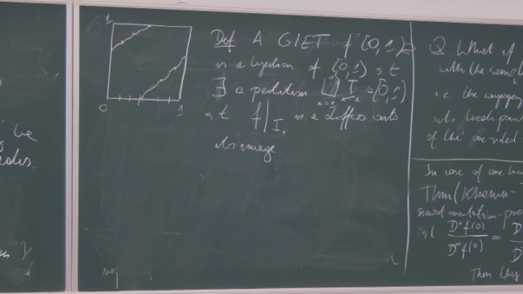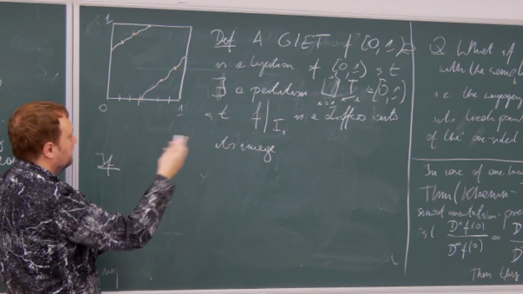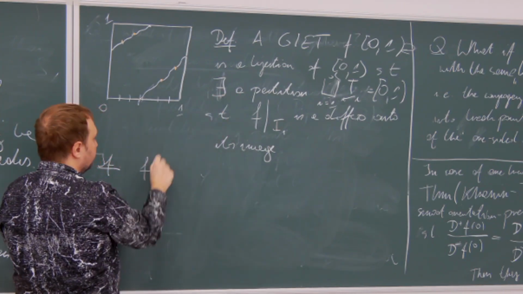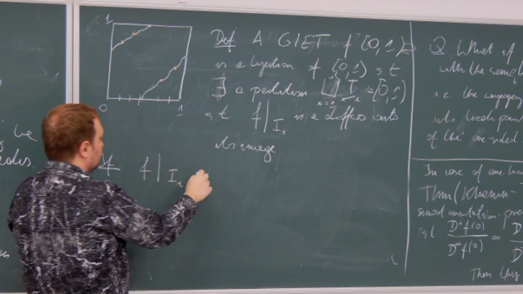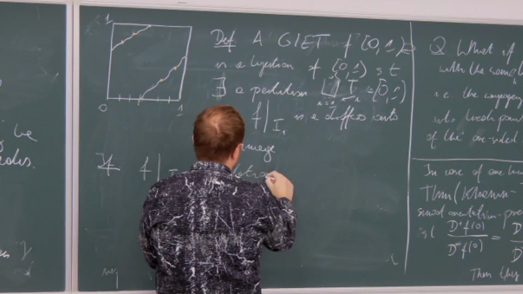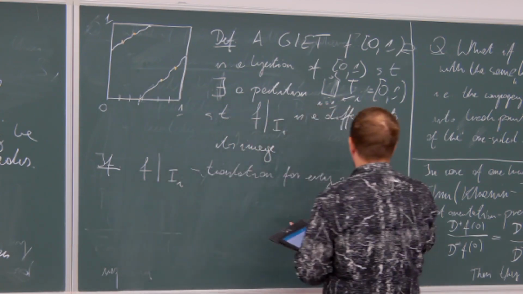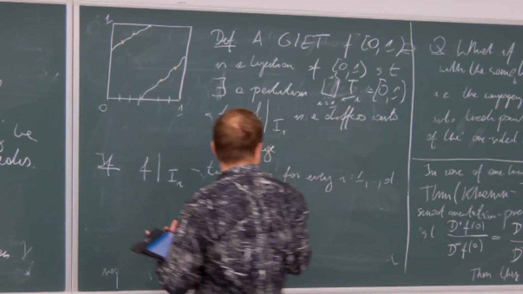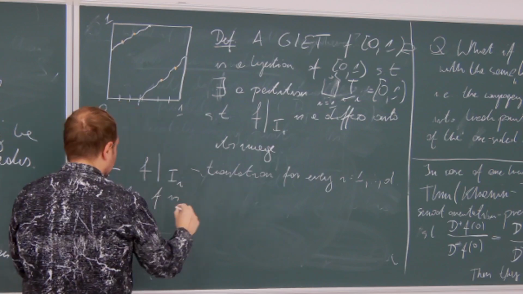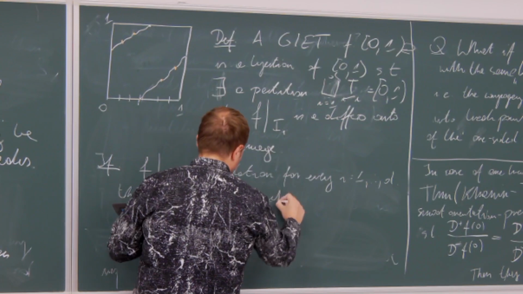I will use the same notation. If F restricted to each I_i is just a translation, for every i from 1 to d, then F is an interval exchange transformation.